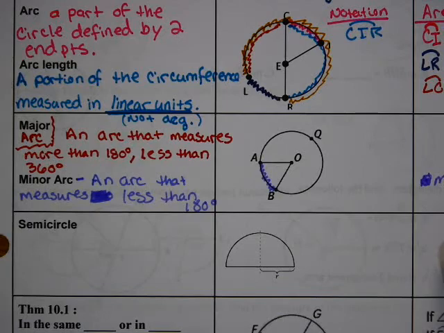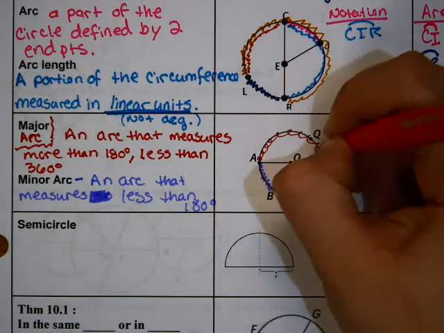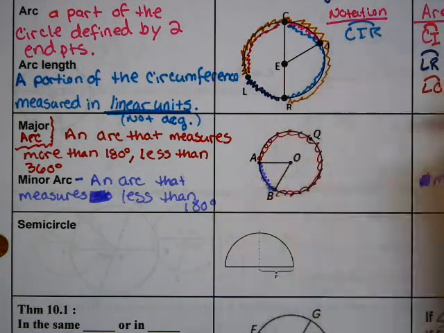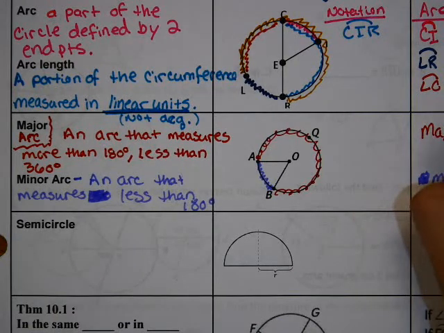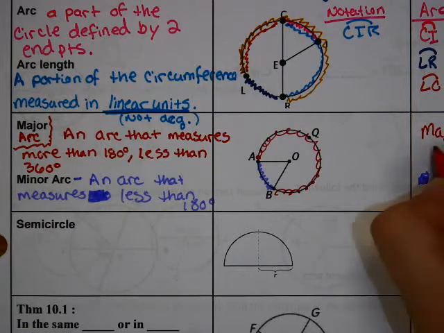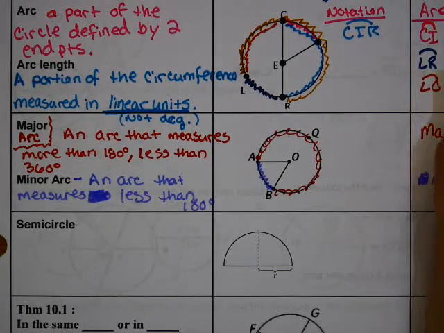So arc AB. A major arc would be something like AQB. So a major arc has to have 3 points in the name. A minor arc would only have 2 points in the name.